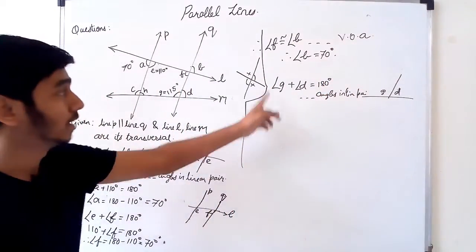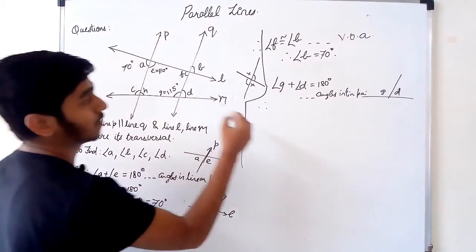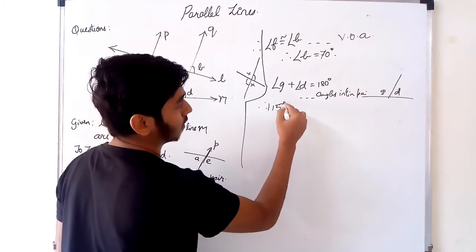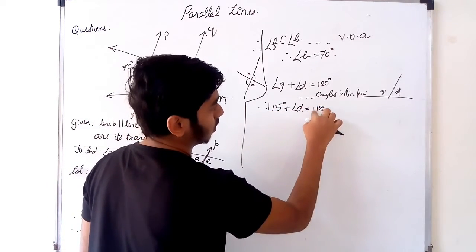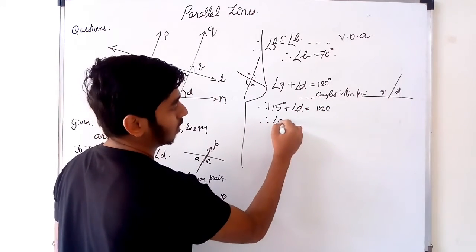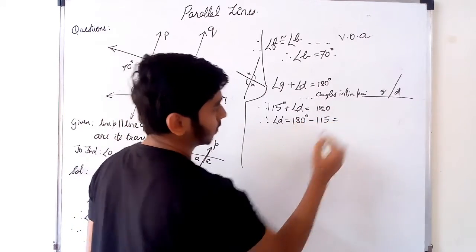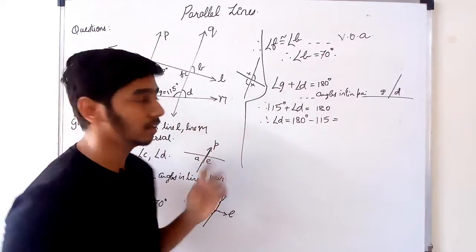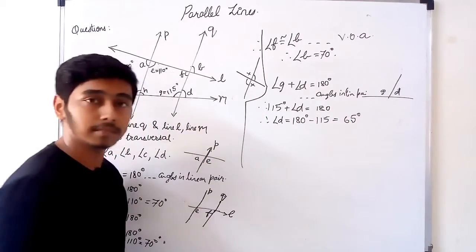Then G and D, right? So G is 115 given, so 115 plus angle D equals 180, right? Therefore angle D is 180 minus 115, so what do we get? 65, correct?